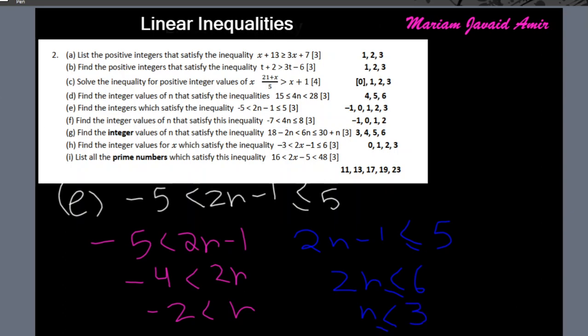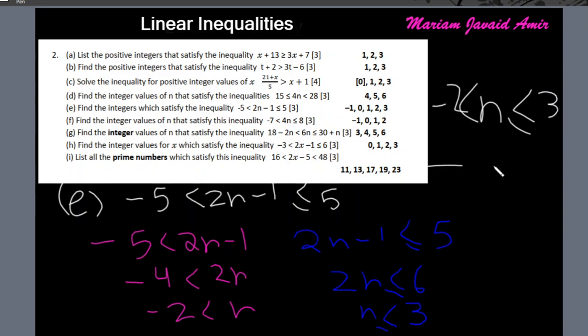And like we just discussed, first we have to write down n in between and then these two signs in between. So n is bigger than what? n is bigger than minus 2, and n is smaller than, sorry, this does not have an equal to sign. n is bigger than minus 2 and n is smaller than equal to 3.